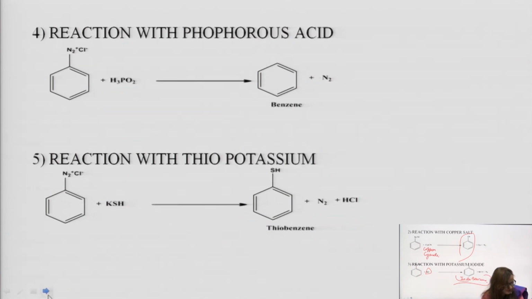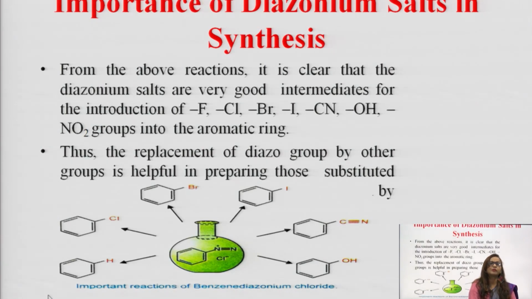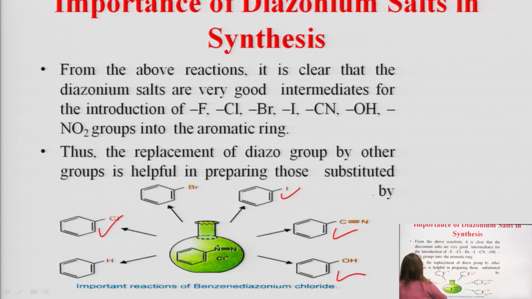Next, the same reactions, reaction with phosphoric acid. In this you will see that it gives benzene. Reaction with thiopotassium, you can see that it gives thiobenzene. Importance of diazonium salts in synthesis: we have already discussed that it is used for the synthesis of iodobenzene, benzyl cyanide, phenol, chlorobenzene, and so on.